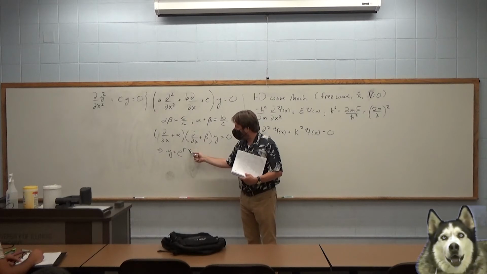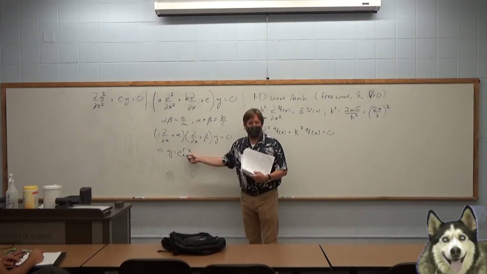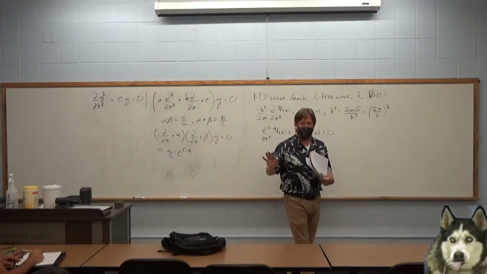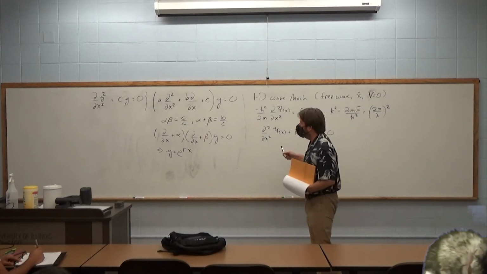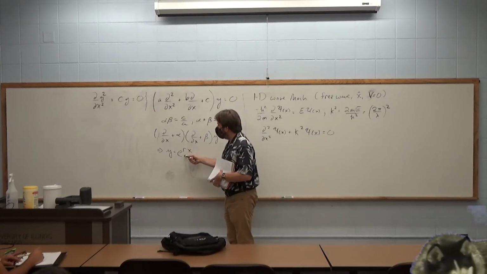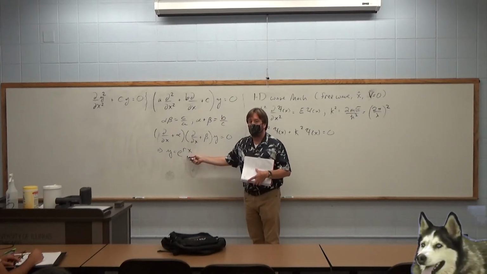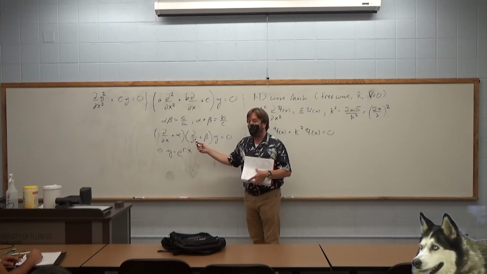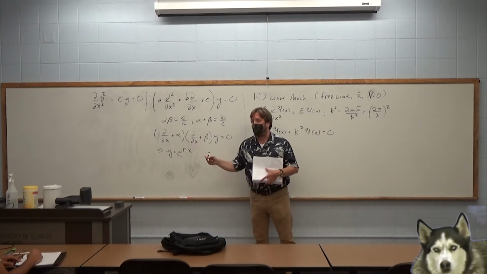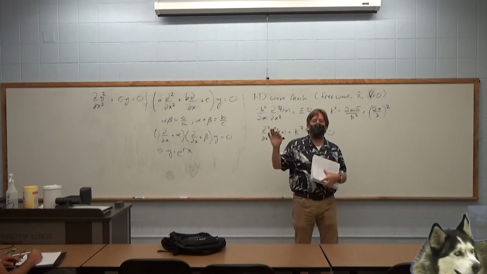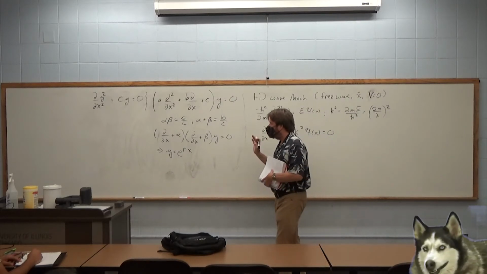I think I had minus cx. R can be negative. I'm making it as generic as possible. So again, I'm going to assume a solution that's correct for a first order differential equation, for a second order, because I factored the second order into two first orders.